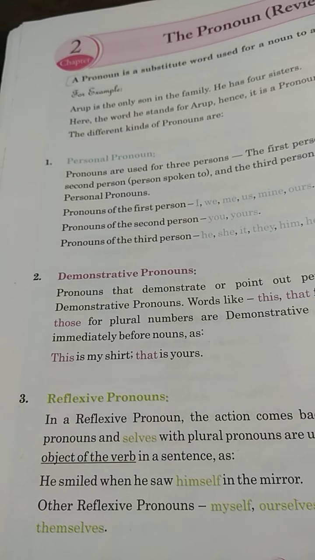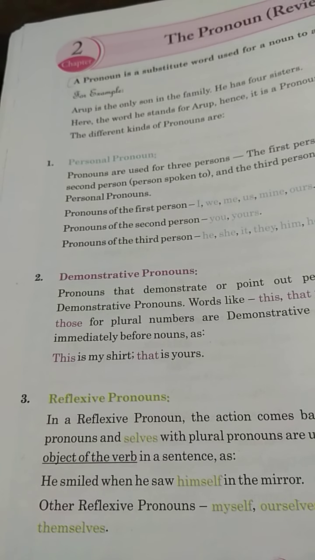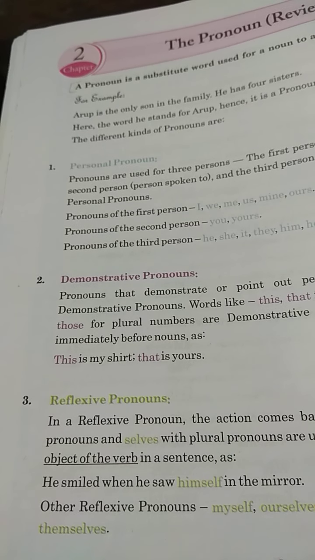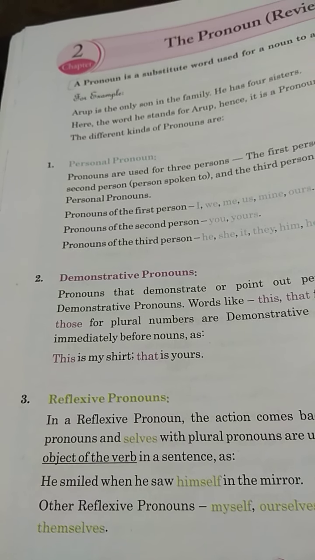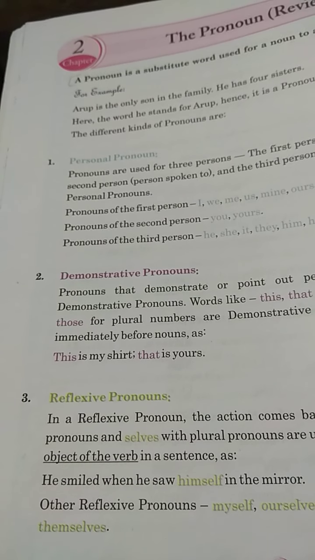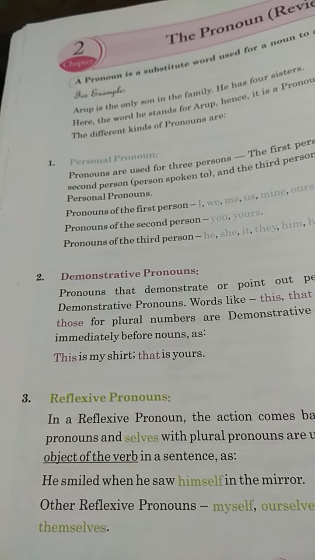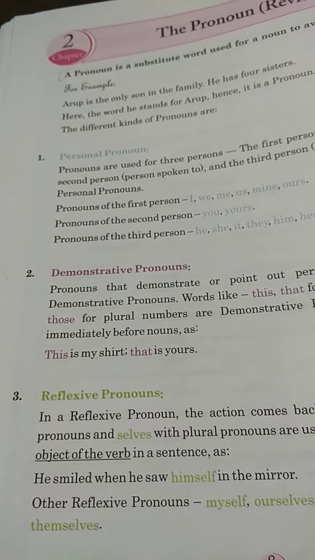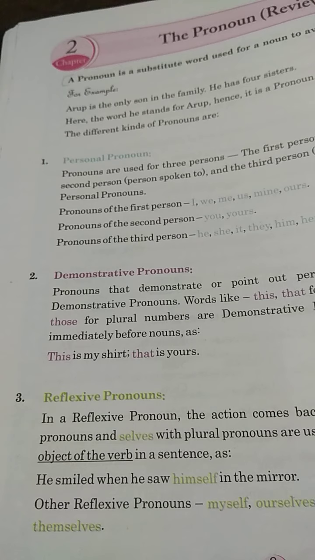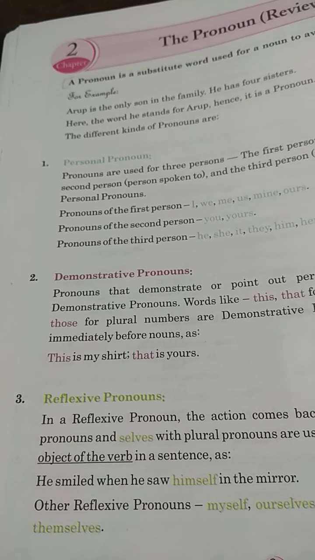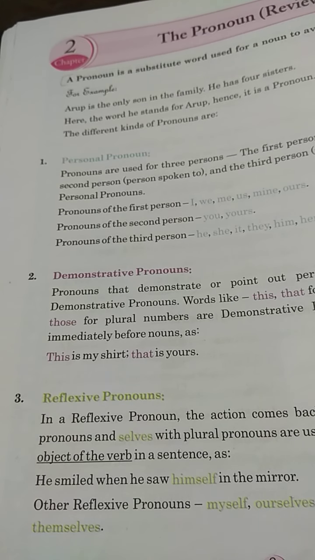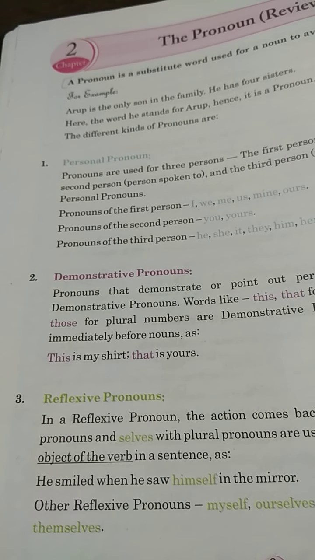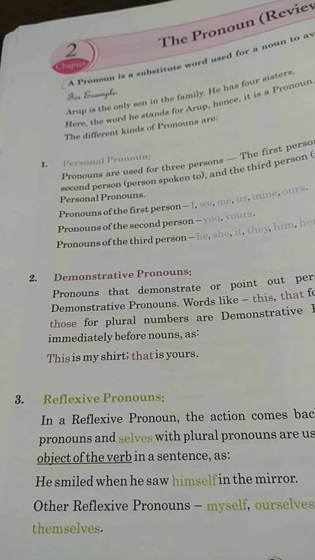I saw myself in the mirror. The dog saw itself in the clear water. They hurt themselves playing so carelessly. The word myself is an object of the verb saw and refers to the same person. Similarly, itself and themselves respectively refer to the dog and they, which are the subjects of the verbs.